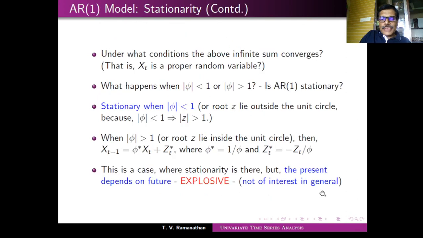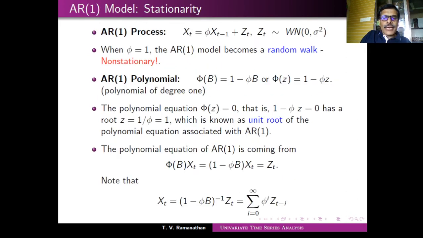So, for the time being, what are the conditions required for that? Since zt is a white noise, its mean and variance exist and are constant. So the condition required is convergence. In fact, if we go for variance, phi to the power of 2i will come, or you can say phi square.